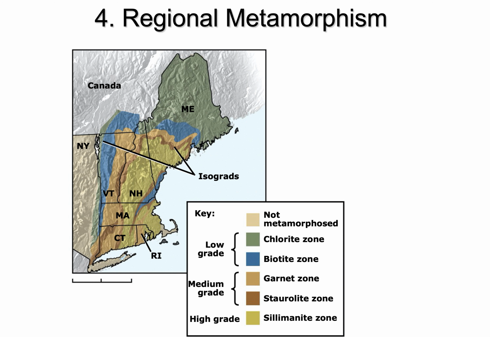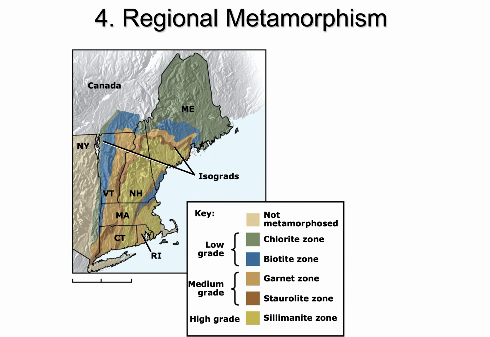In the northern part you have Canada, below we have the US, with shortcuts for the different states. But now we are not interested in the political states, we are interested in metamorphic isograds. The inset here shows us a key.